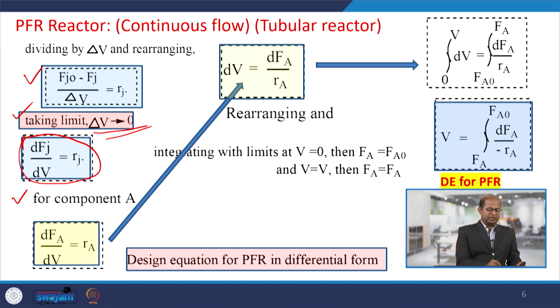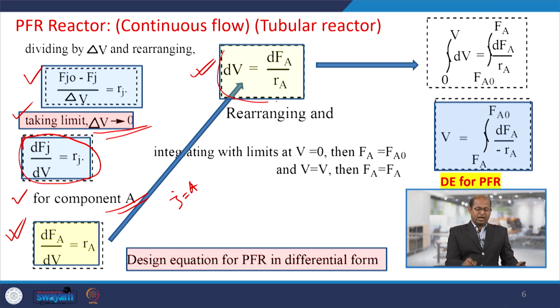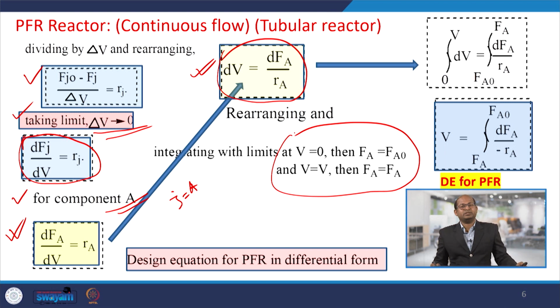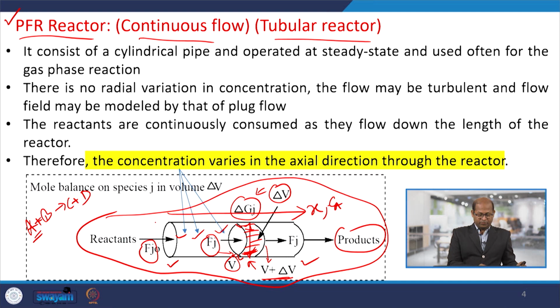If we express it in terms of component A, where our reactant is j equal to A, then we can express the design equation as dFA/dV equals RA. Rearranging, dV equals dFA by RA, and then we integrate within these limits, where the volume changes from 0 to V, meaning the total volume of the system.